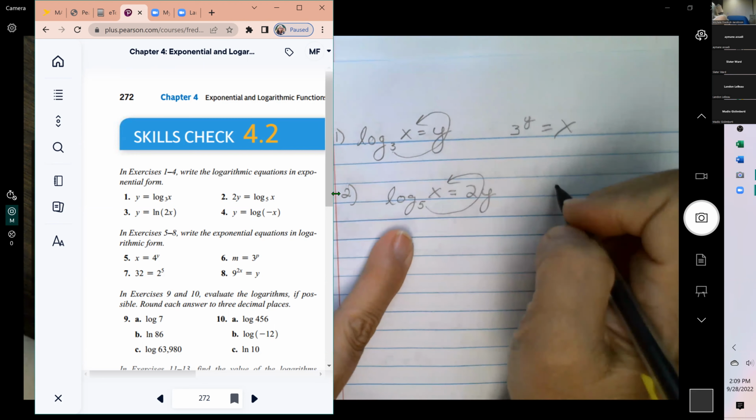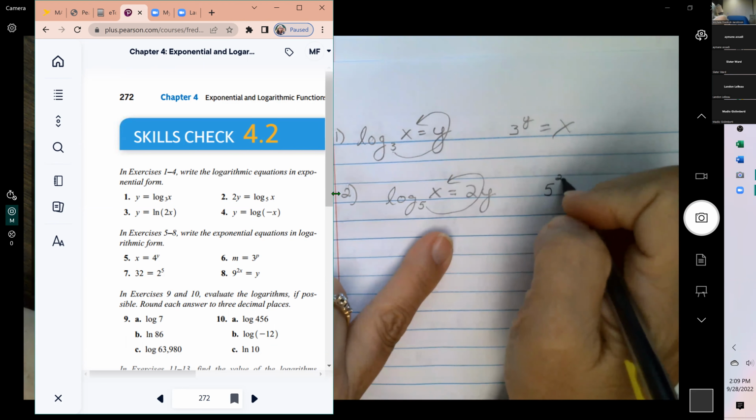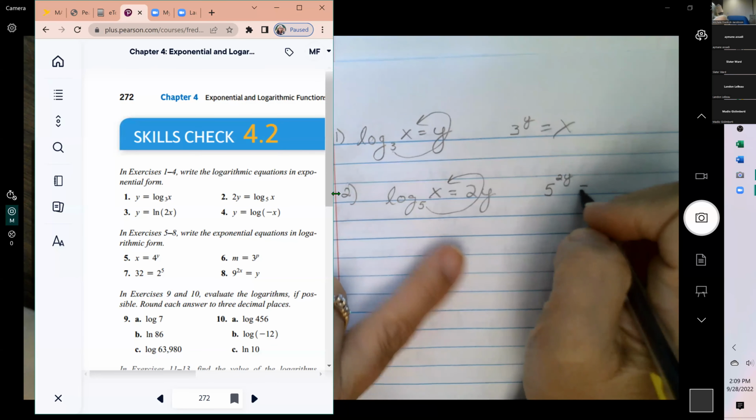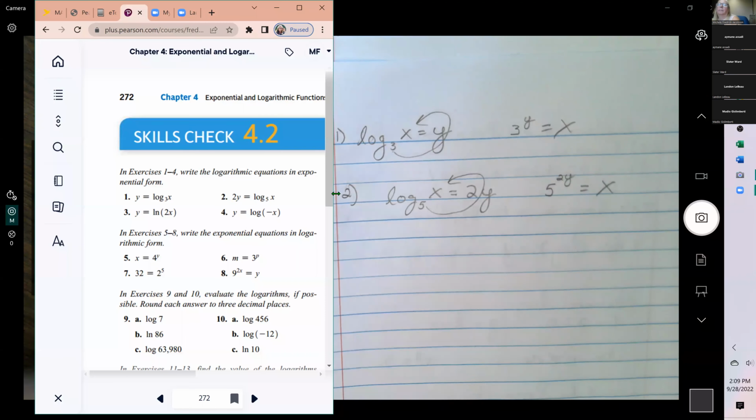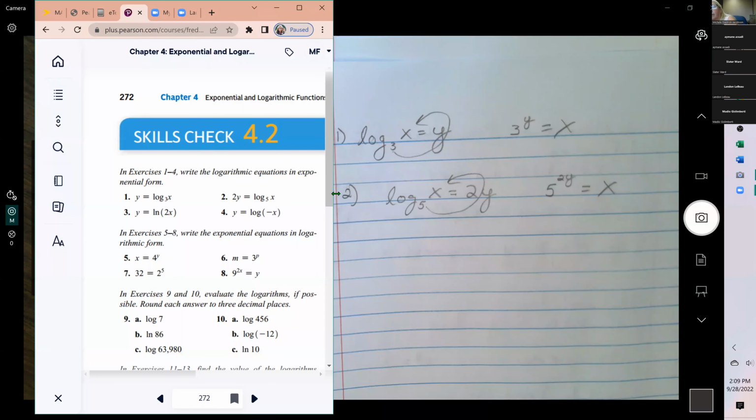So it's 5 to the 2y equals x. Any questions on that?